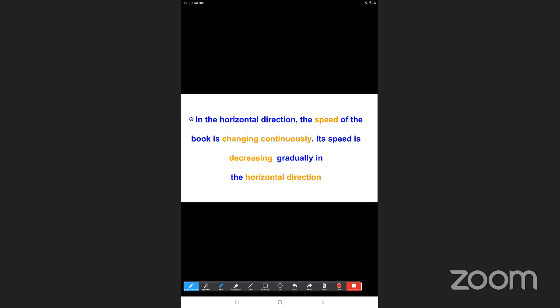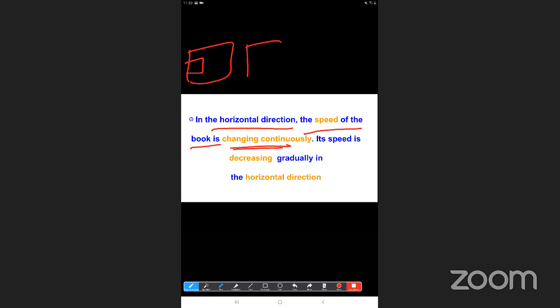Here, in the horizontal direction, the speed of the book is changing continuously. When we push this book, the speed of the book is changing continuously. That means it decreases. So here its speed is decreasing gradually in the horizontal direction.